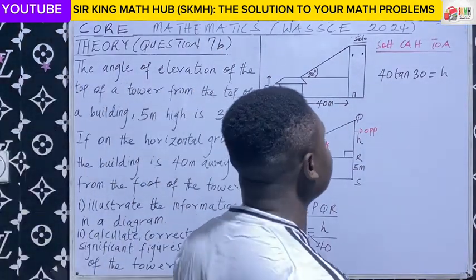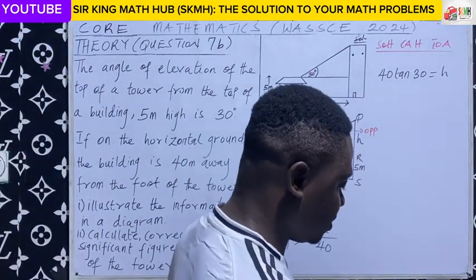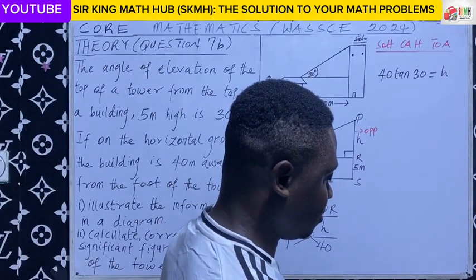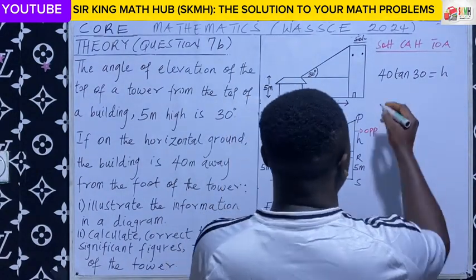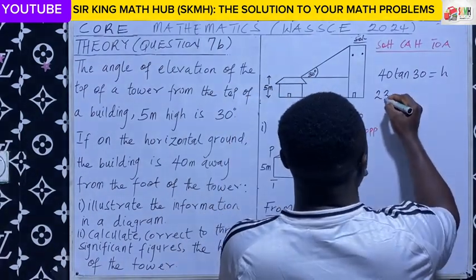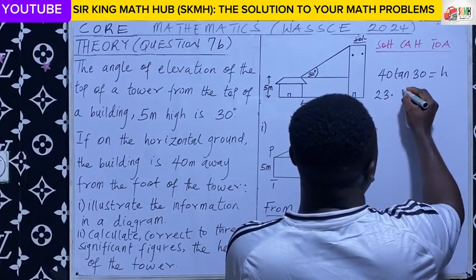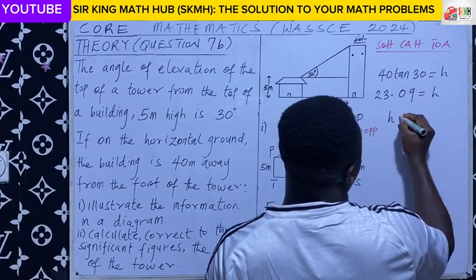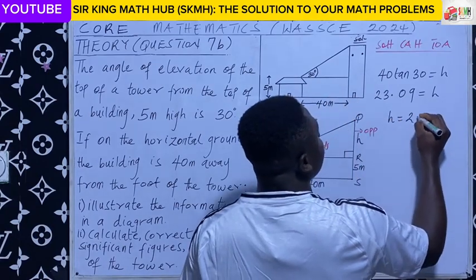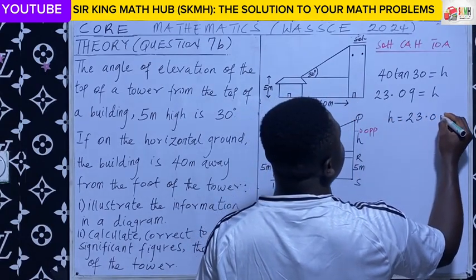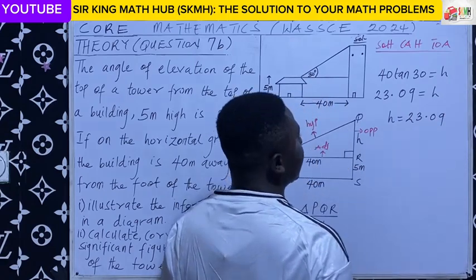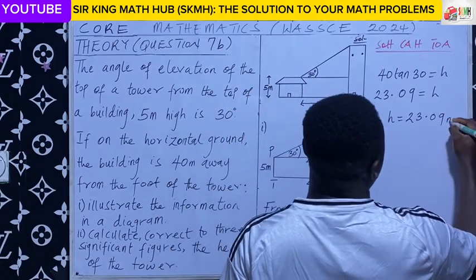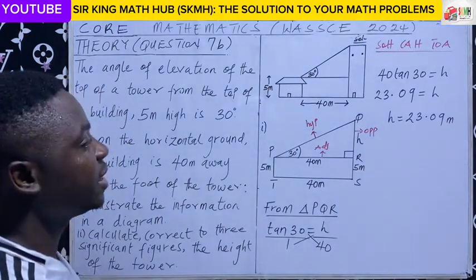So what is 40 times tan 30? 40 times tan 30 gives 23.09, which is equal to H. Therefore, H is equal to 23.09 meters. Don't forget the units.